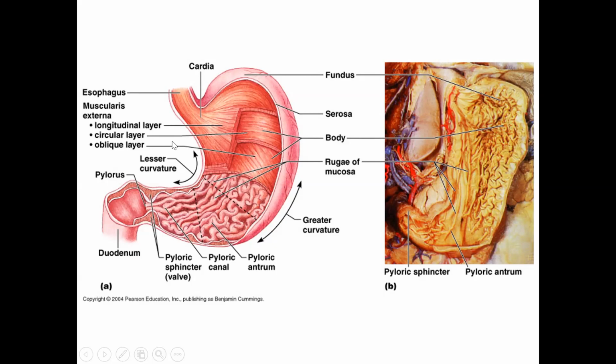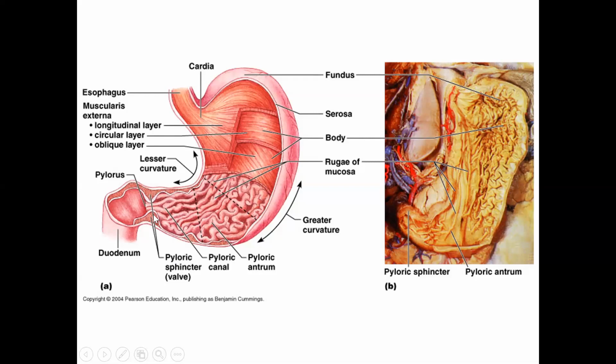And there are also two sphincters. One sphincter controls how much stuff comes from the esophagus into the stomach. Another sphincter, right here at the distal end, controls how much chyme, very fine particles mixed with the gastric juice, gets into the duodenum. If you look at this muscular ridge right here, this sphincter is called the pyloric sphincter.